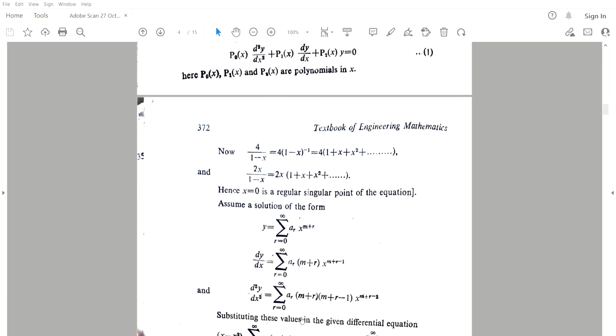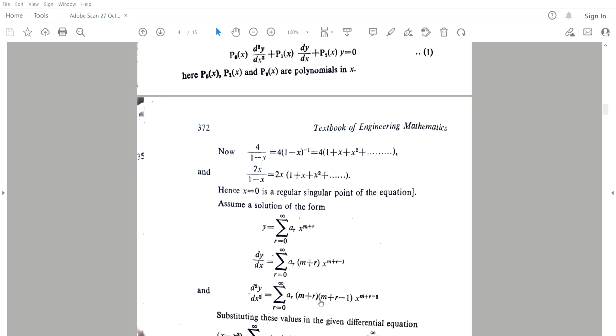Now we take the solved problem for this method. The given equation is, see exercise 2, solved problem. The equation given is (x minus x square) d2y/dx2 plus 4 dy/dx plus 2y is equal to 0. Therefore, we see that x is equal to 0 is a regular singular point.